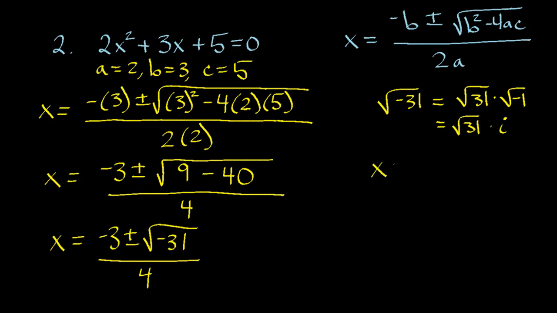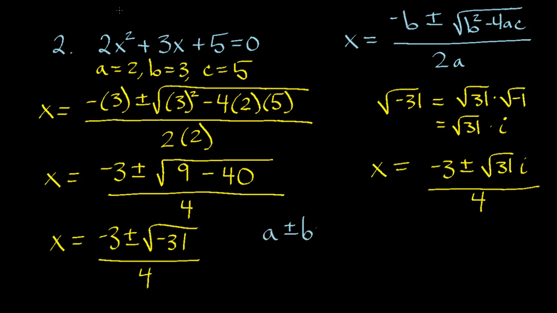Our final answer will be found by substituting square root 31 i into the numerator, all over 4. You might recall that answers involving imaginary numbers should always be written in the form a plus bi, where a and b are real and the imaginary number is written at the end of the second term.